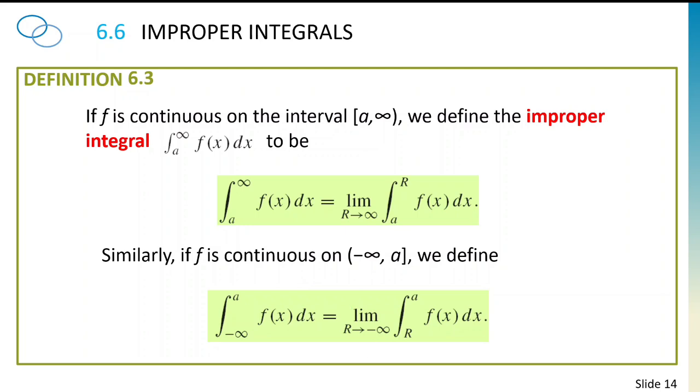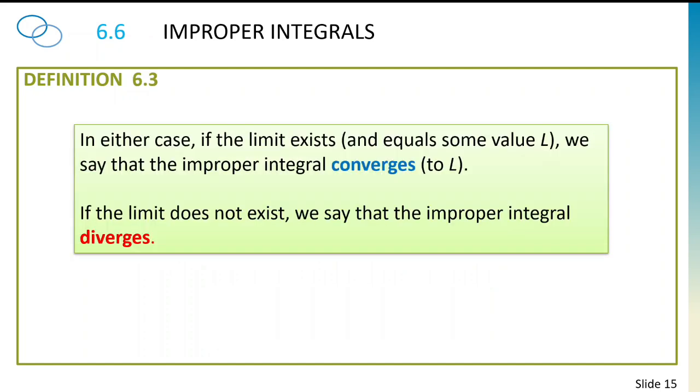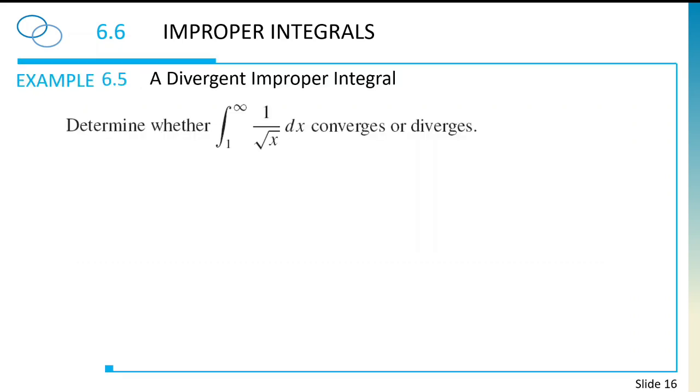Now we'll deal with more examples of this case. Again, we have the same conclusion: if the limit exists, we say it converges to L. If not, it's divergent.